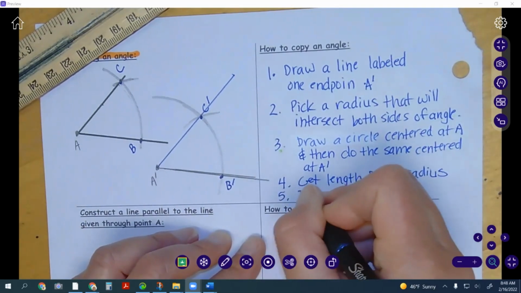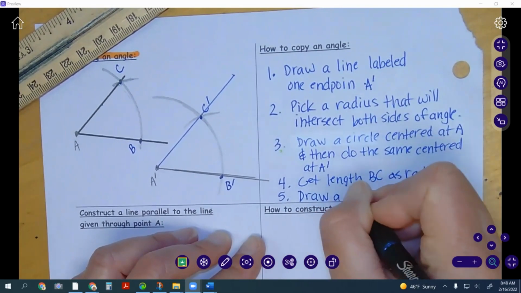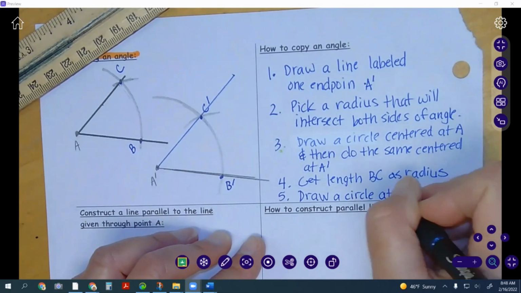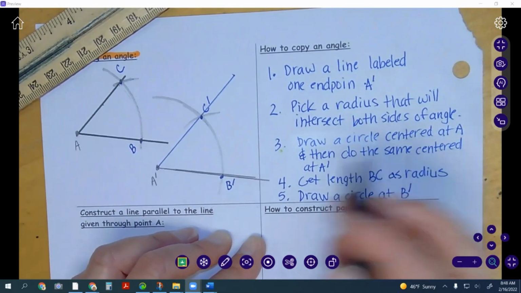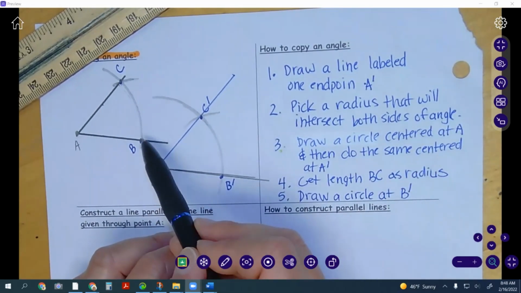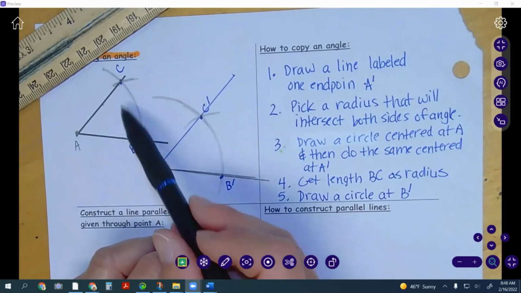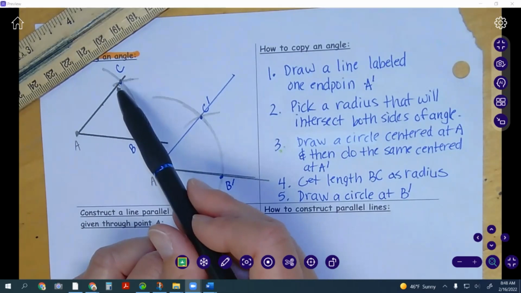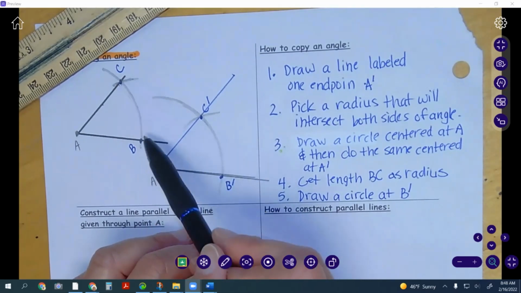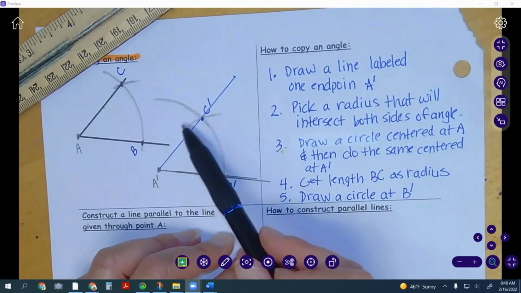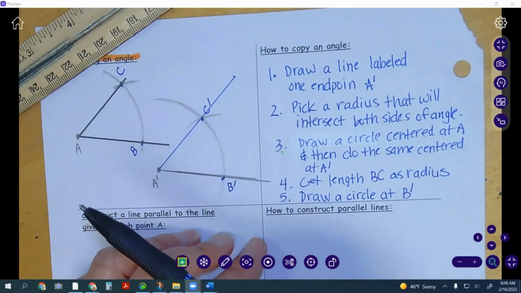And then draw a circle at B prime, okay? So again, I measured here from B to C. I really had my compass at B, stretching it to C. That would have been a circle that I would have drawn. I transferred my compass to here, and I did the same at B prime, and that's how I got that mark, which gave me my C prime.